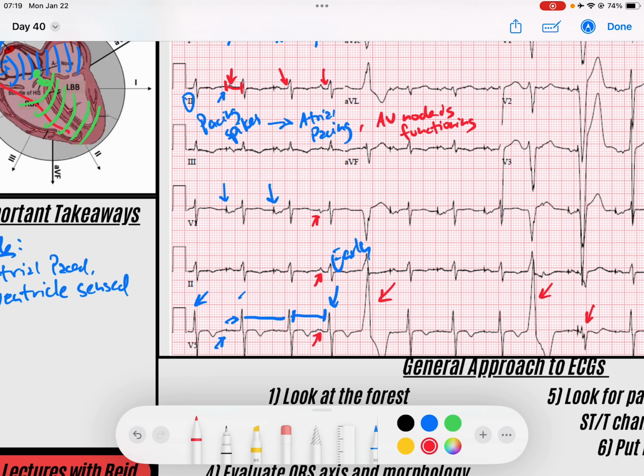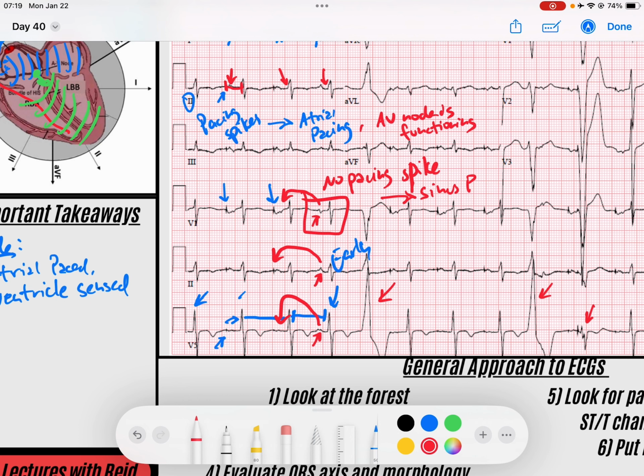Look at the P wave here. Compare that to the previous P waves. These P waves have no pacing spike, and the morphology is different. This P wave really looks like a sinus P wave. So this, to me, is a sinus P wave that conducted normally to the ventricles. So this beat was from a sinus P wave.